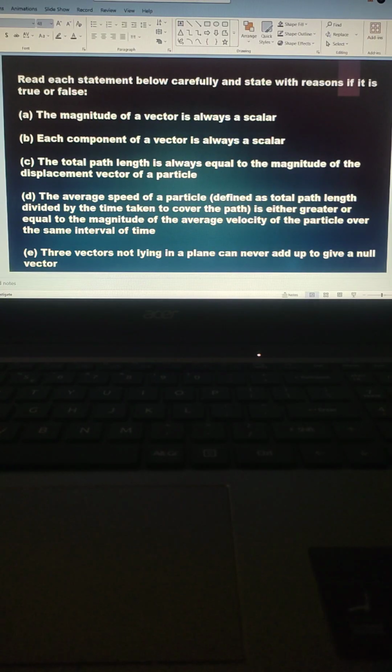The next question: read each statement below carefully and state with reasons if it is true or false. First one: the magnitude of a vector is always a scalar. Second: each component of a vector is always a scalar.